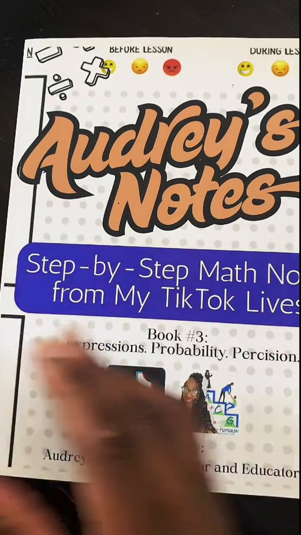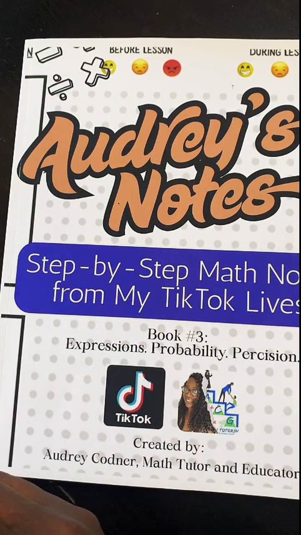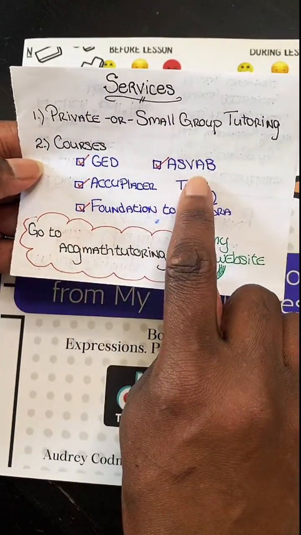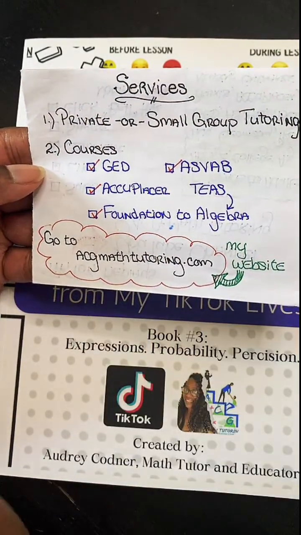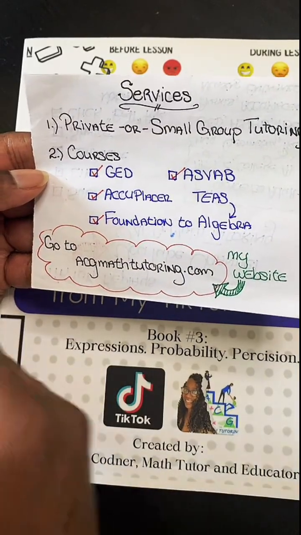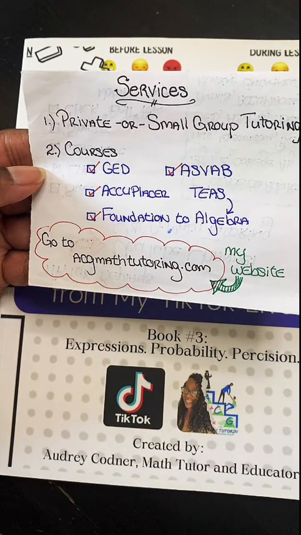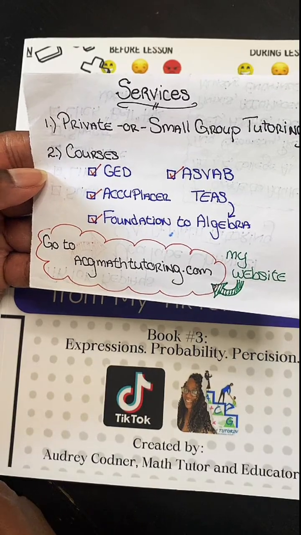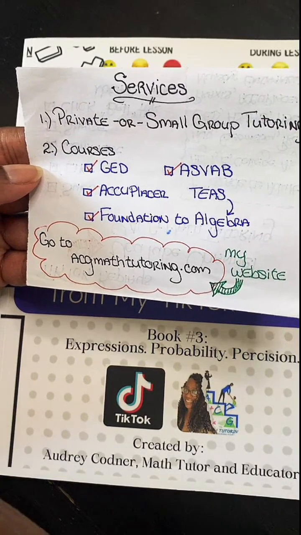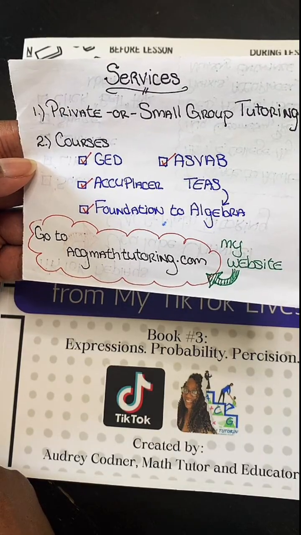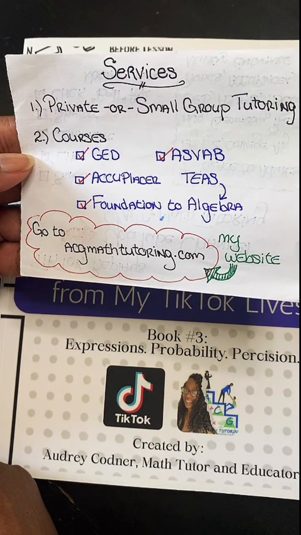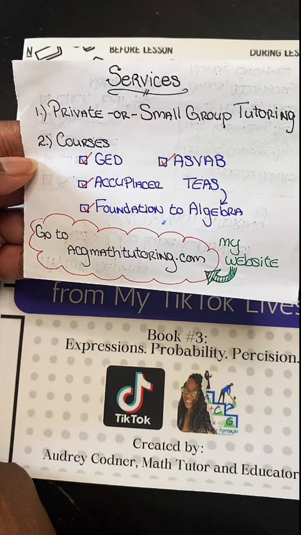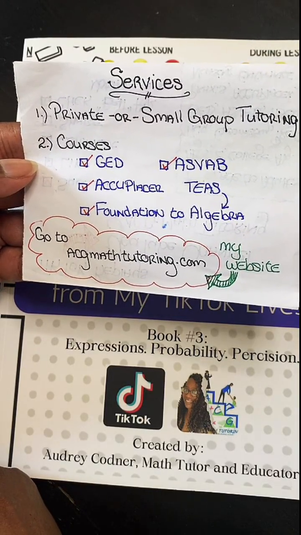But if you're about to do your ASVAB and you don't know where to begin, I'm telling you, if you haven't seen math in forever, do the courses, because I start with basically the types of numbers all the way to rational functions. So even for the AccuPlacer and all that stuff. And there's also probability and statistics in there. There's geometry in there. So anything that is on the test is in these courses.